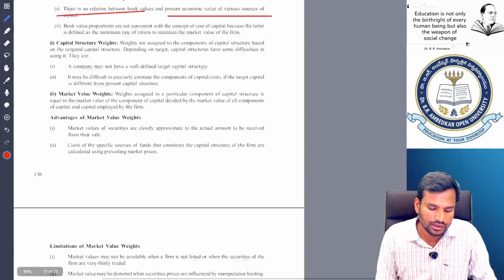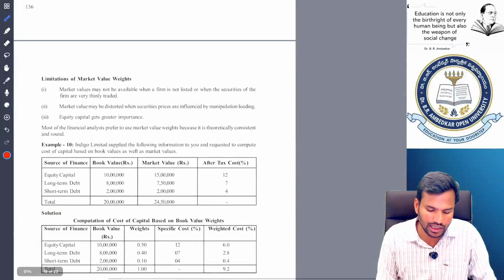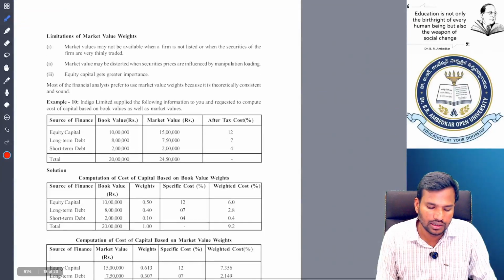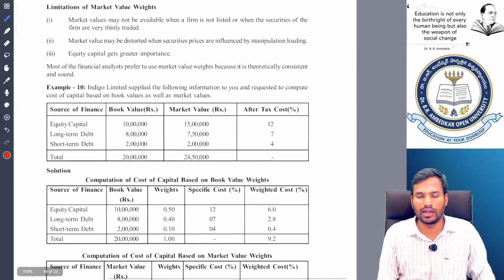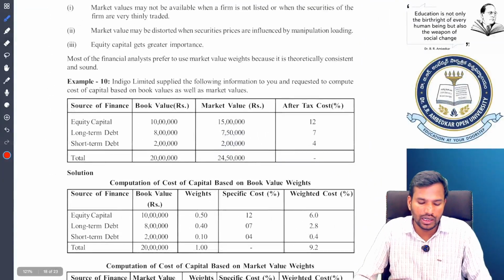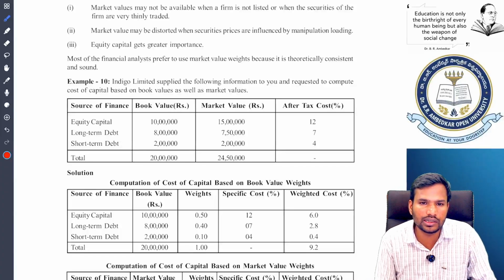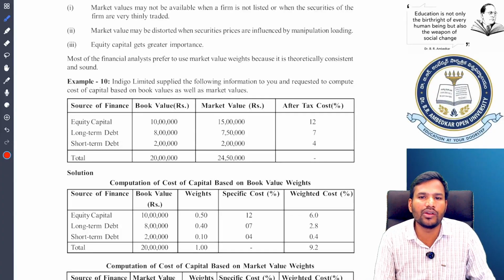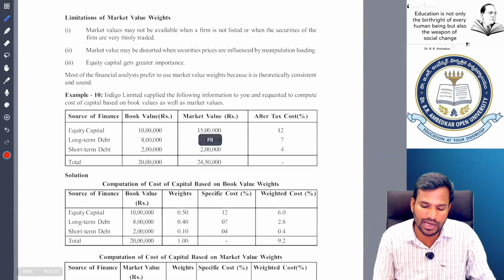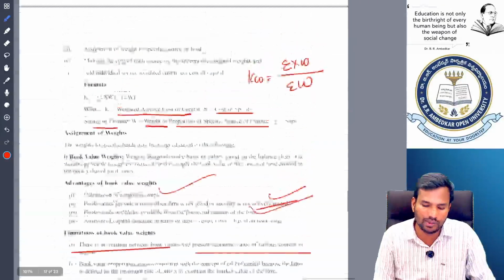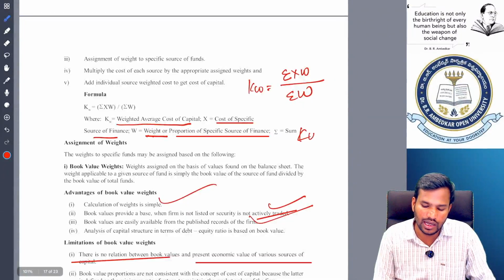See, through one example we can easily understand the weighted average cost of capital concept. Indigo Limited supplied the following information and requests you to compute the cost of capital based on the book value. The formula is Kw is equal to sigma x into w divided by sigma w.